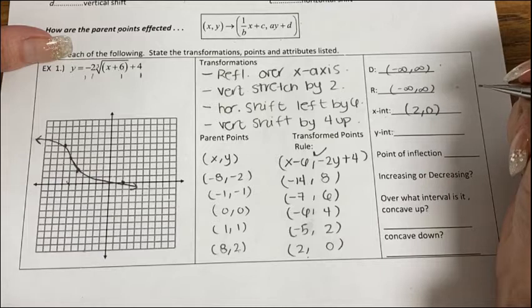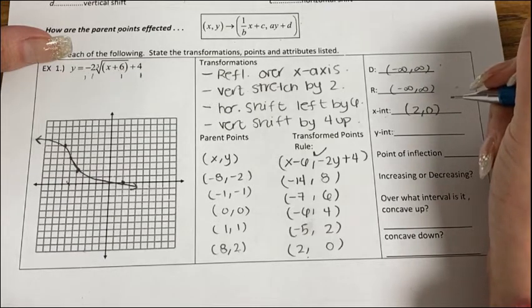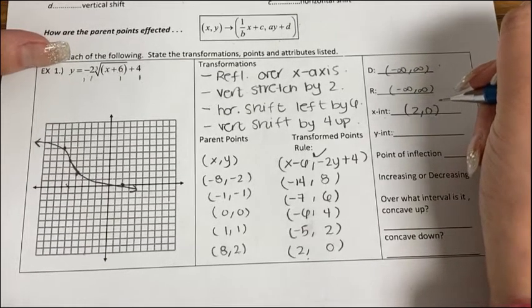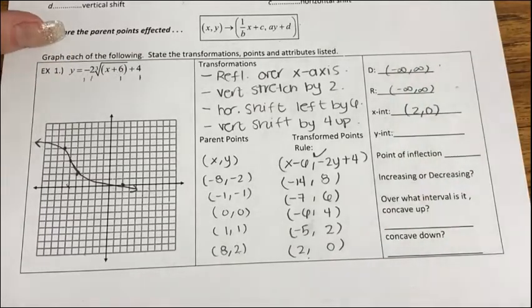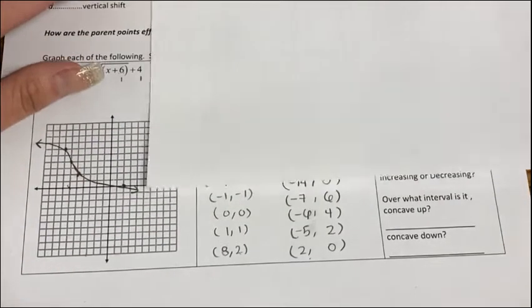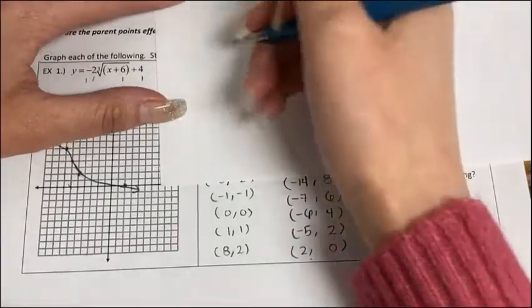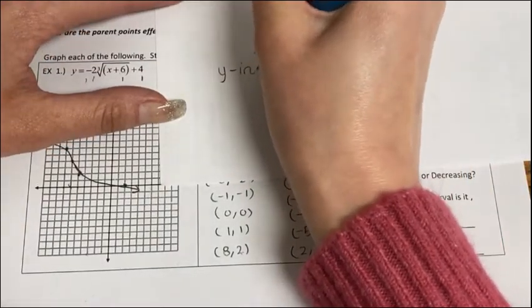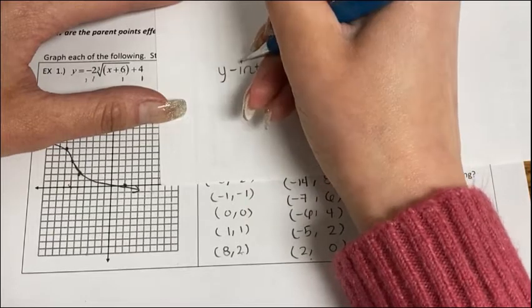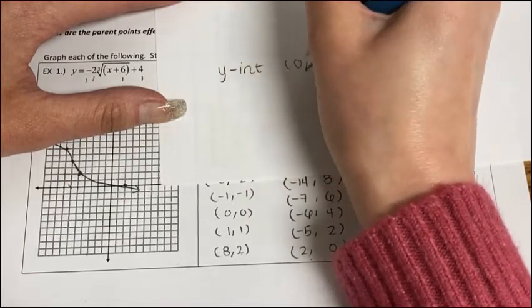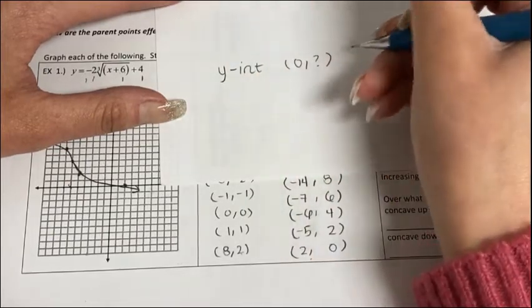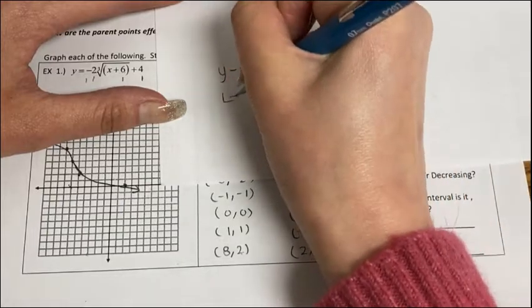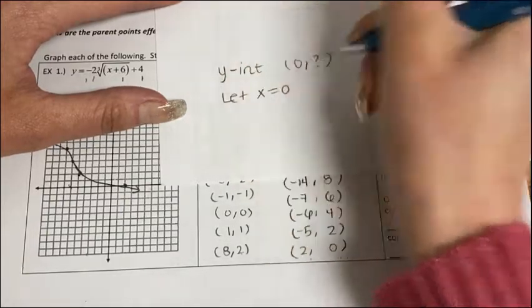Okay. So now what is the y-intercept? For the y-intercept, remember that you need to have your equation like this. Let me just put the y-intercept here. The y-intercept is going to look like 0, something, meaning I need to let x be equal to 0.